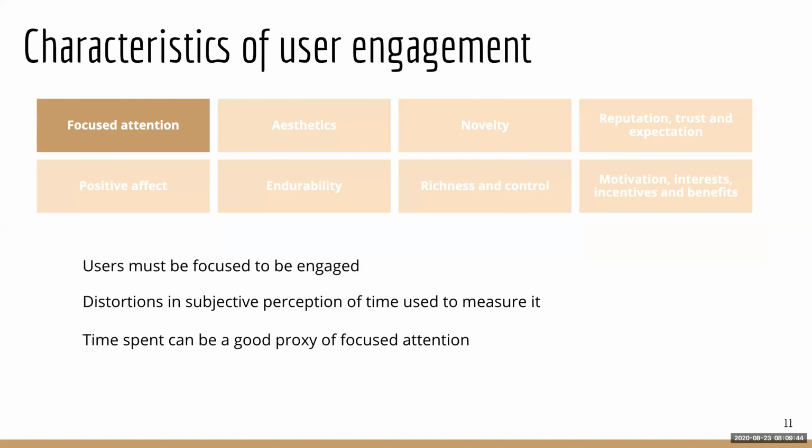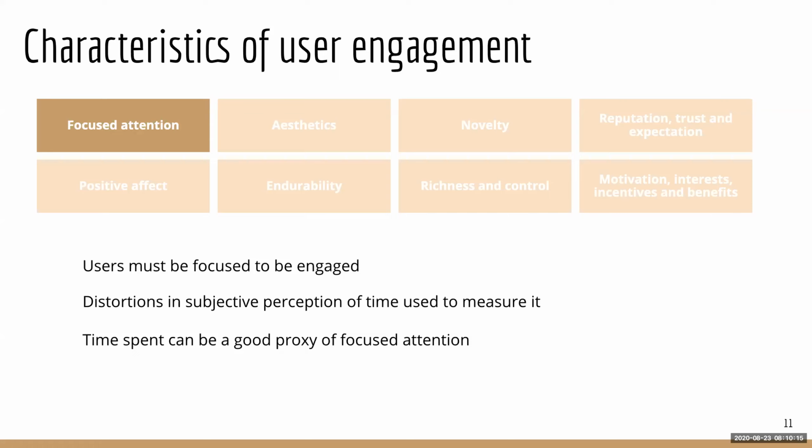The first one is focused attention. Engagement is when users are focused. If you like doing something, you're going to remain focused, and this is how engagement really happens. One way to think about it is to ask a person how long it took them to do that, which is about the subjective perception of time used. For example, to complete a task, if the person says, "Well, that was quick, that was fast," even if it actually took longer, it's a sign of focused attention.